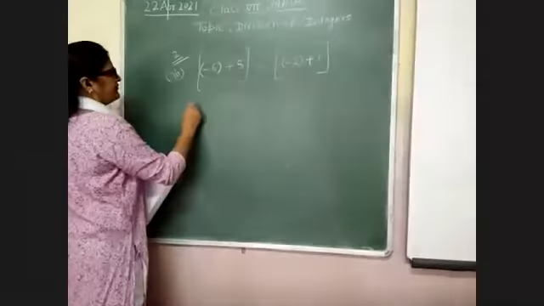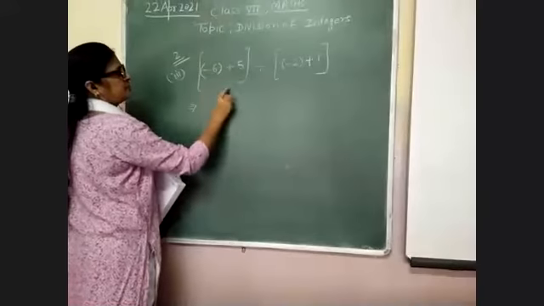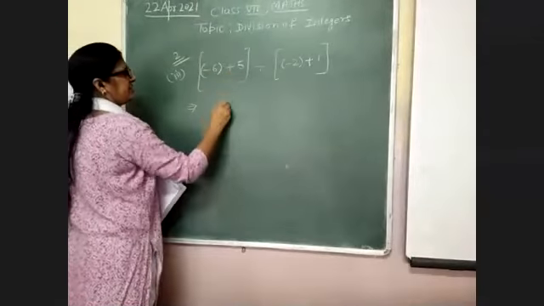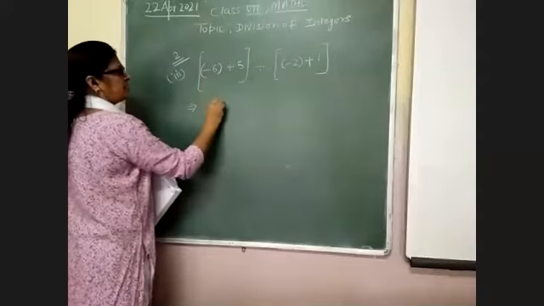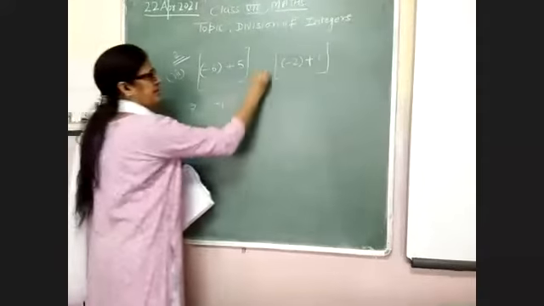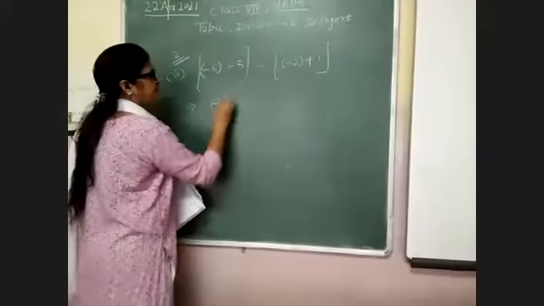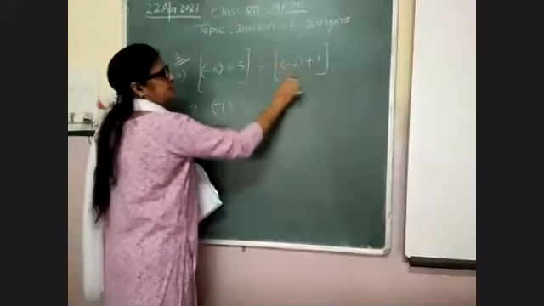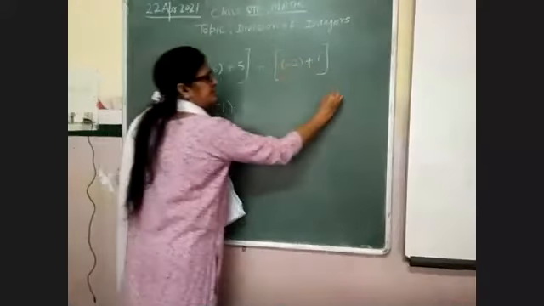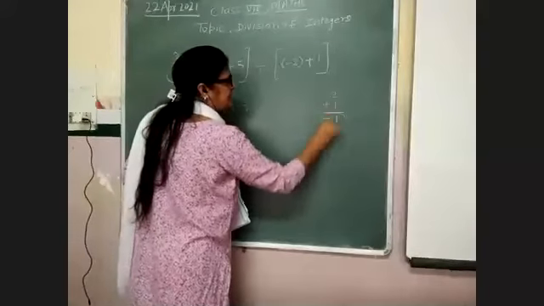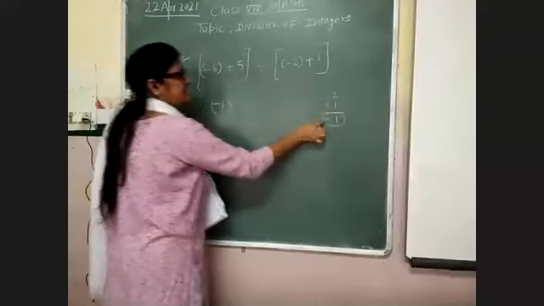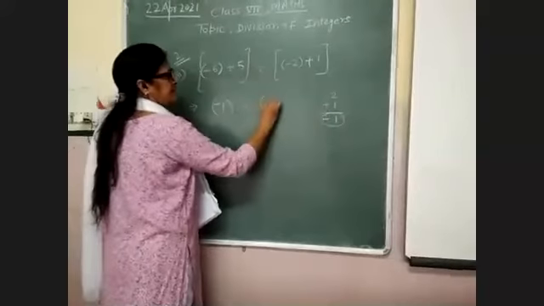Now minus 2 plus 1. Now what do we have to solve? First we will solve this bracket. Minus 6 plus 5: subtract 5 from 6 and put the sign here, minus 1. Divided by minus 2 plus 1. When you are adding minus 2 plus 1, subtract the digits and put the sign of the greater digit.